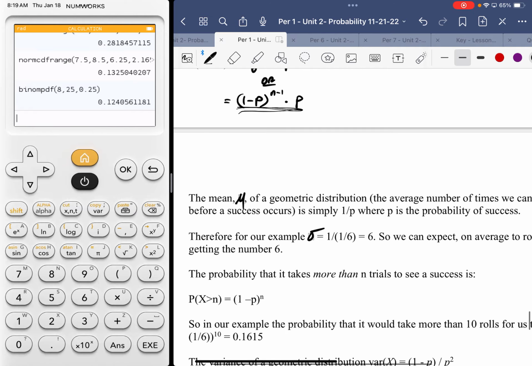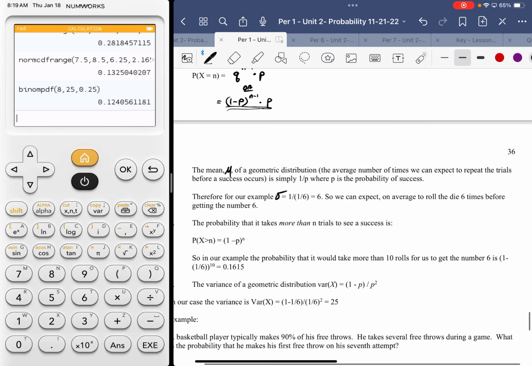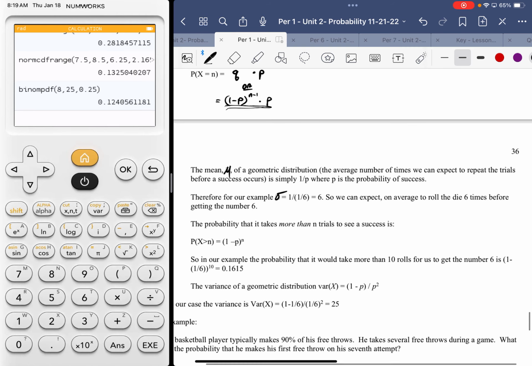We could actually compute the probability distribution's mean and standard deviation by making a table or using these formulas. Mu is not really clearly written here, so I'll write it again. Mu is equal to 1 over p. And sigma, well, I gave the variance one, but sigma is equal to the square root of 1 minus p over p.